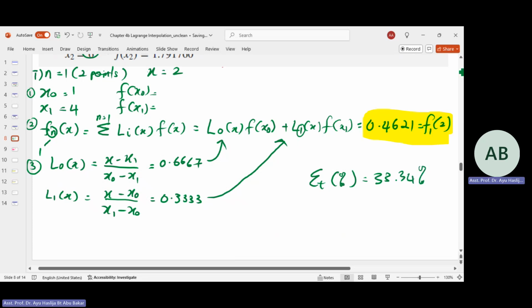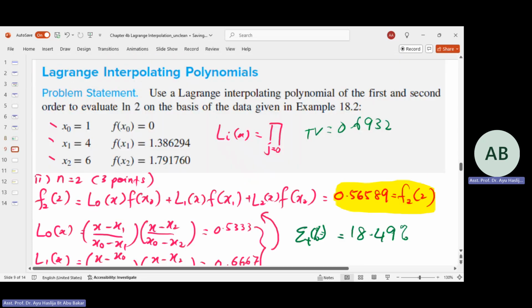Okay, so when n equals 1, the error is 33 something. But when n equals 2, it reduces to 18. So the more points that you have, the closer to your actual value, the real value.